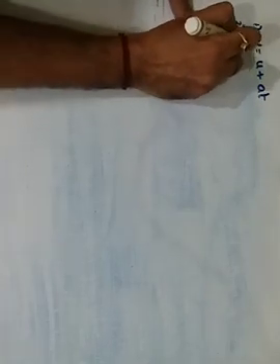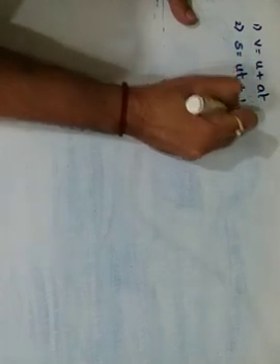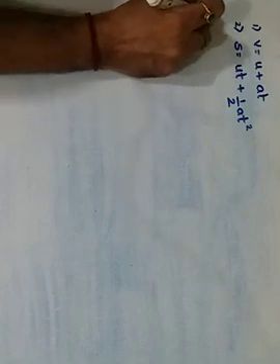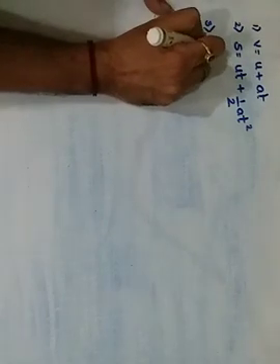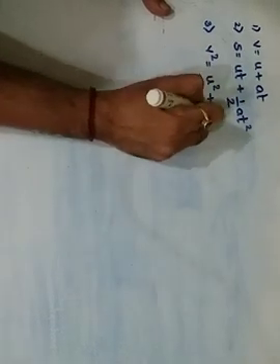The second equation to be derived would be s is equals to ut plus half at square, and the third equation to be derived is v square is equals to u square plus 2as. Getting it? These are called as three kinematic equations of motion.